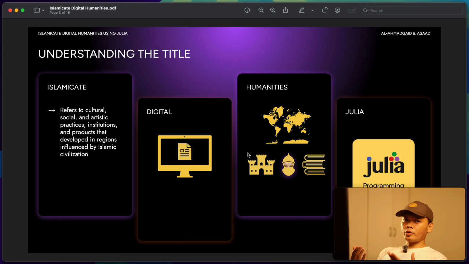Well, we have to use a tool. It could be a software, for example. But for this series of tutorials, we are going to use a programming language. It's called Julia. At this point, maybe it's not clear what we mean by programming language. We're going to discuss this, but in short, you can think of a programming language like a natural language, for example, Arabic, English, Tagalog.